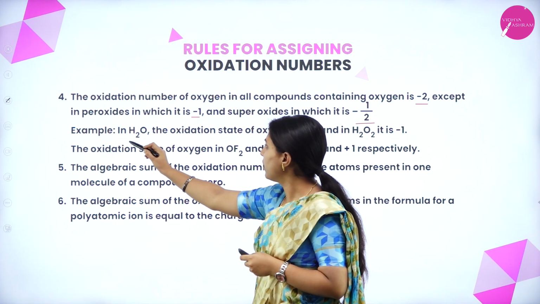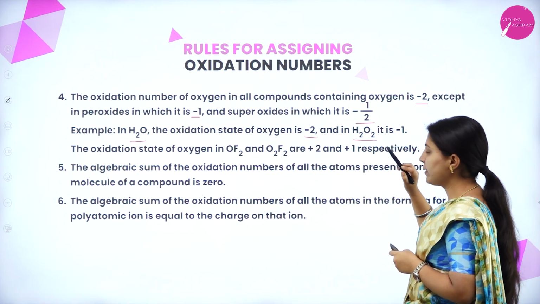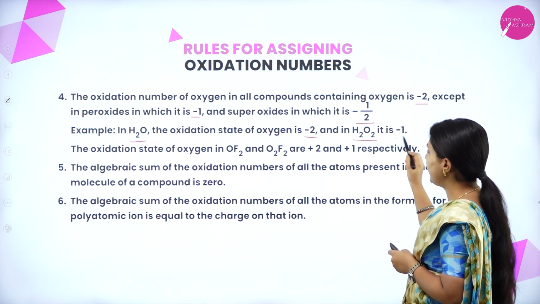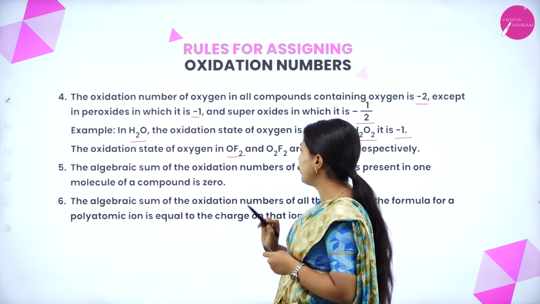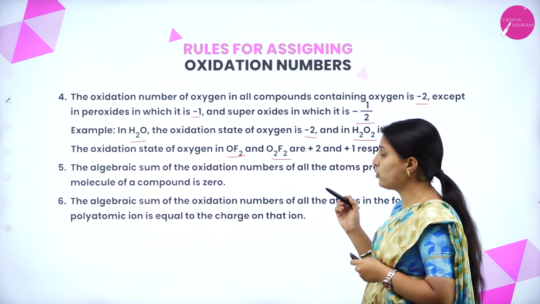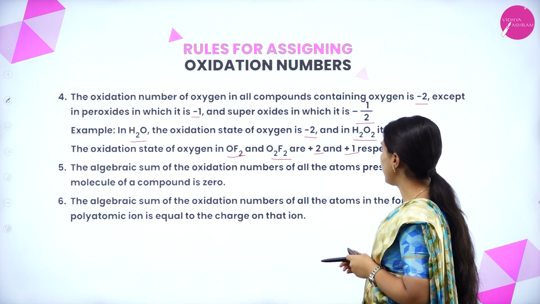Example: in water, the oxidation state of oxygen is -2, but in H2O2, which is a peroxide, it is -1. The oxidation state of oxygen in OF2 or O2F2 is +2 and +1 respectively.